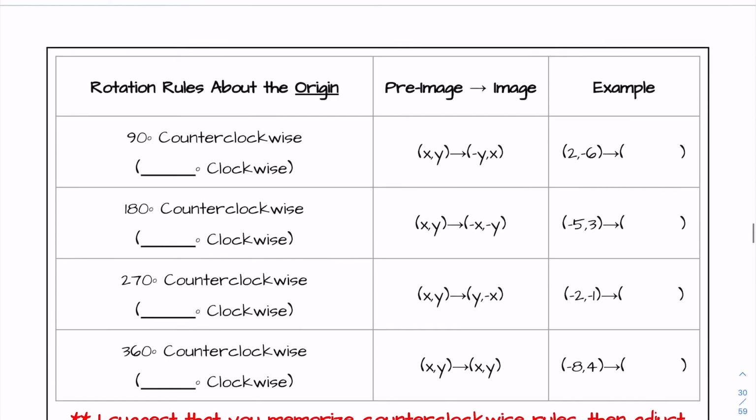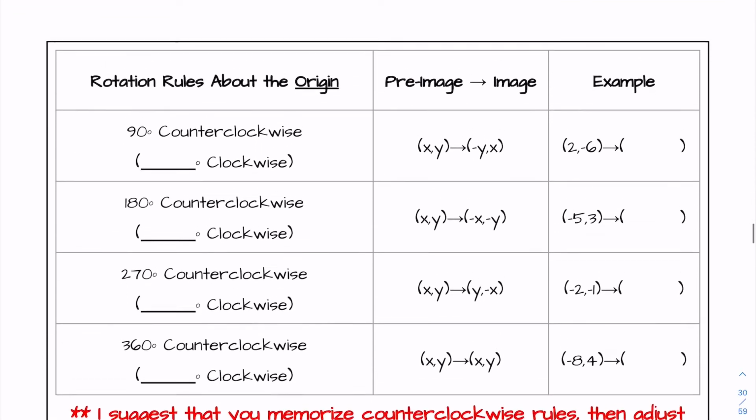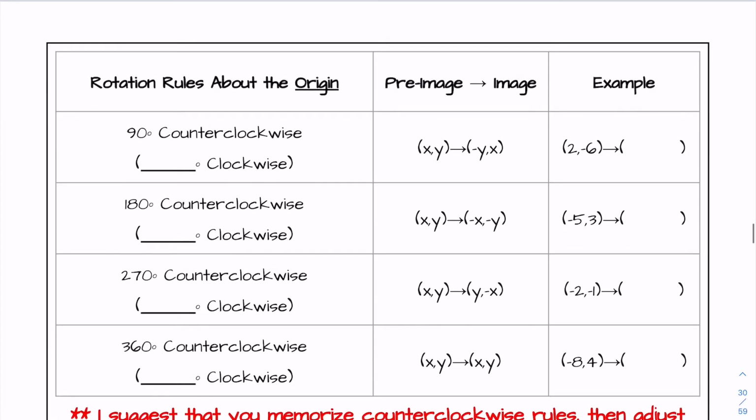And why is that? Well, let's think about this. 90 degrees, let's think about what this means. Let's say I have a point here, and I go 90 degrees counterclockwise, and the point goes right here.